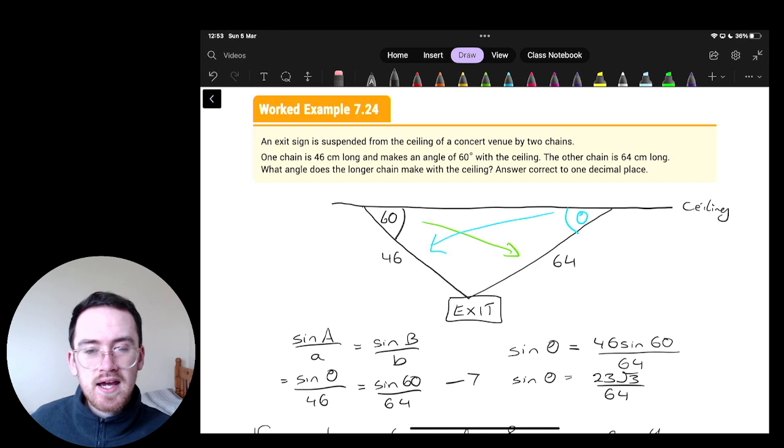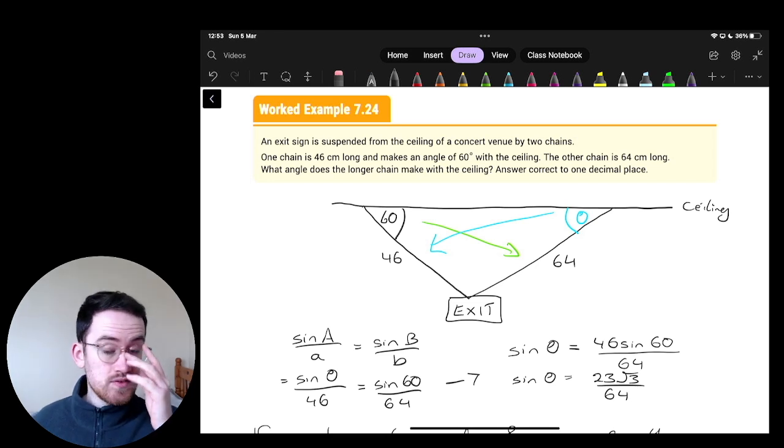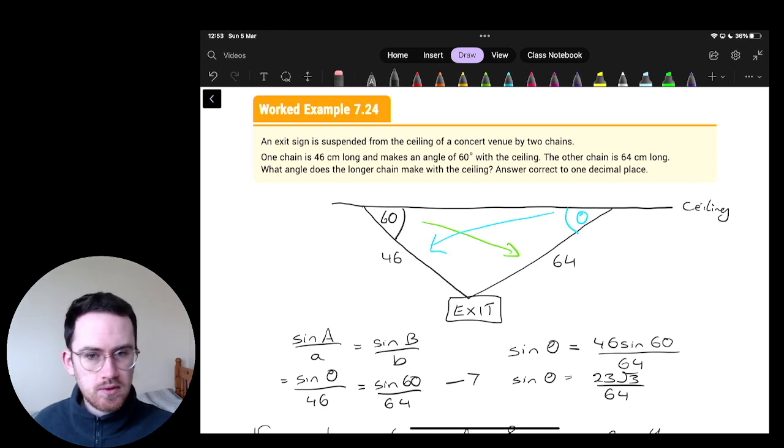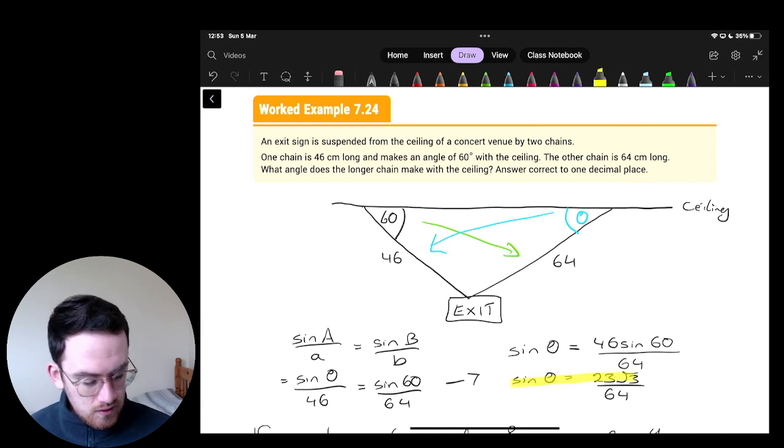Now what we have to be careful of here, and we would have seen when we did our trig equations, and it's something we'll look at maybe in the next little part, is whether we can have two answers at this point. Because if we look at this example, this is obviously a trig equation where we're looking for an angle and we have the solution.